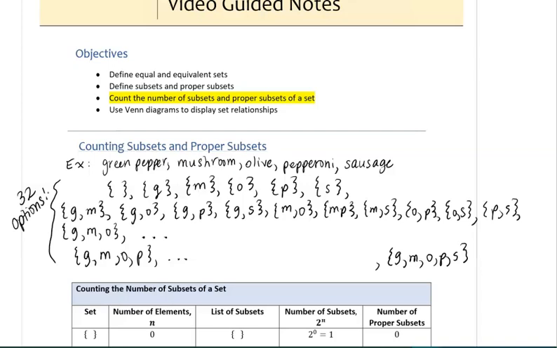And it turns out that if we take 2 and raise it to the power of the cardinality of the set, so the number of elements in the set, that would give us the number of subsets. And in this case, if we have 5 different toppings that are possible, if we take 2 to the 5th power, that would be 2 times 2 times 2 times 2 times 2. That would give us 32 different options.